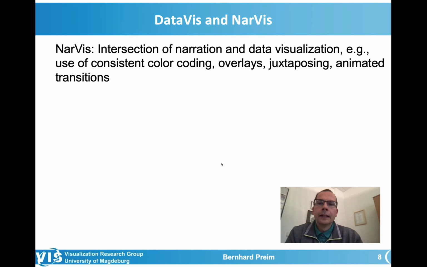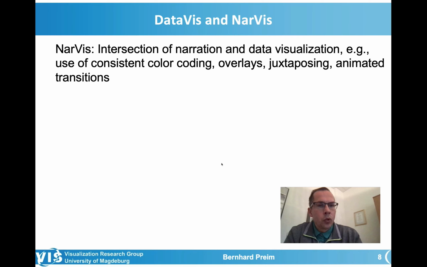But maybe what could be agreed on by most researchers is that narrative visualization is at the intersection of narration, borrowing from Shakespeare, theater, drama, literature, and data visualization. And in data visualization, we have some well-known and established principles. For example, we employ color in a very goal-directed and consistent manner.